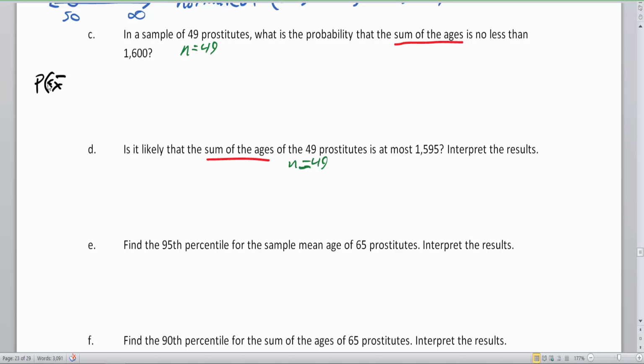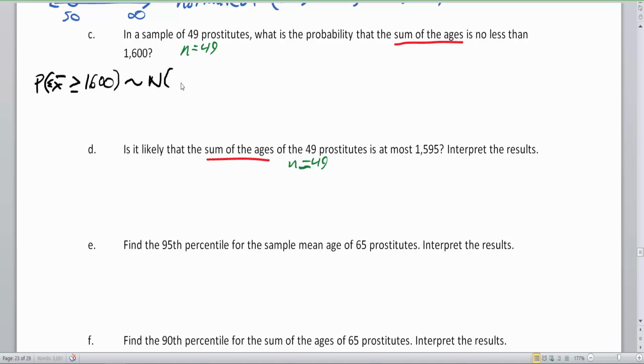So the probability of the sum of x bar is no less than, so that means it has to be greater than 1600. Okay, because we don't want anything less than this, so we can actually even include that if we wanted to. This isn't really the critical part of the problem, but it's just setting us up for this n.